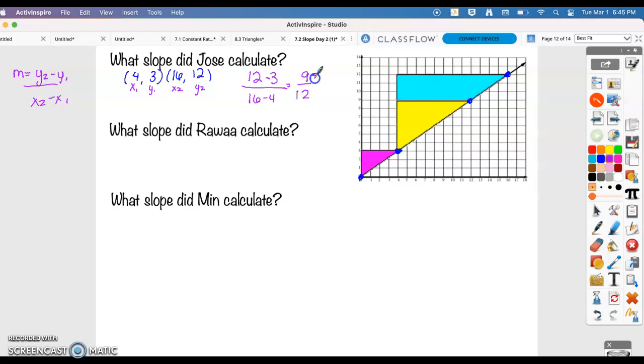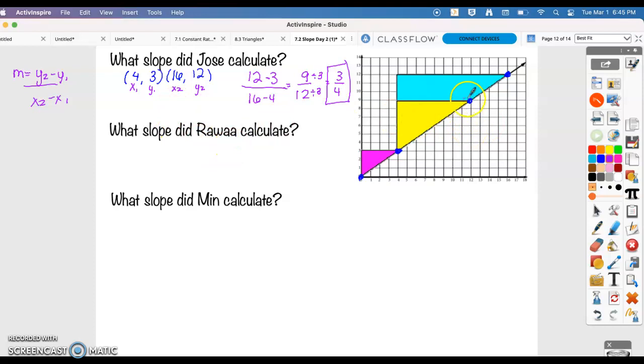Now I can simplify that fraction. I can make it smaller, reduce it. I can divide them both by 3, and I get a slope of 3 over 4. That's Jose's slope. And you can see that I can go up 3 spaces to the right 4, and I still hit that line. I can do it again, up 3, right 4, and I hit that line. Up 3, right 4, and I hit the line.